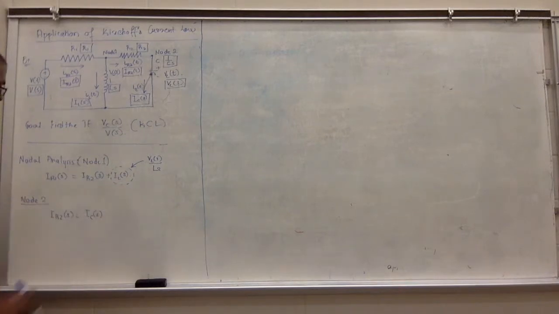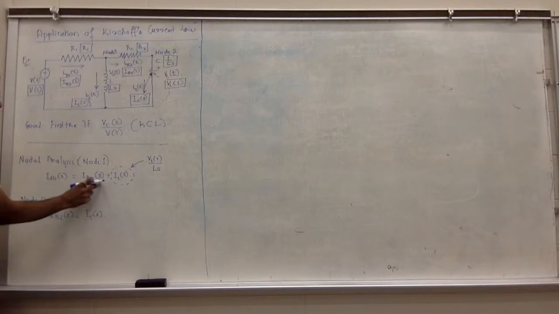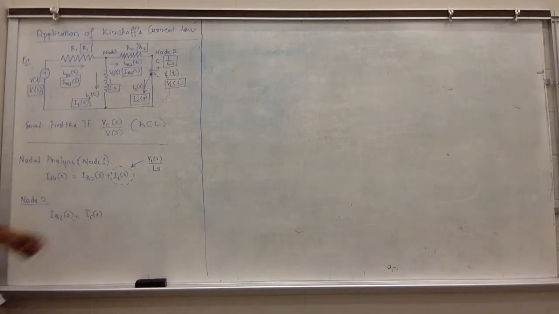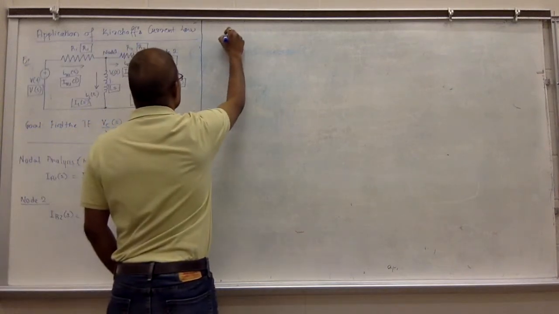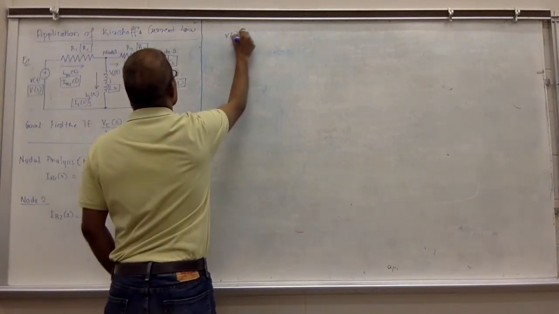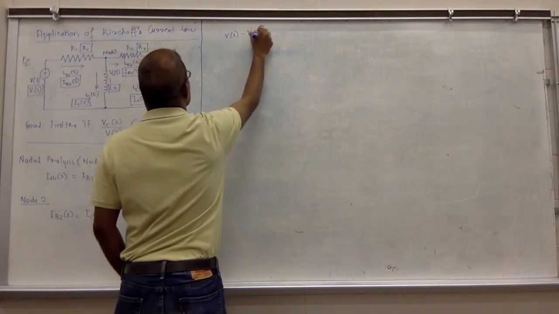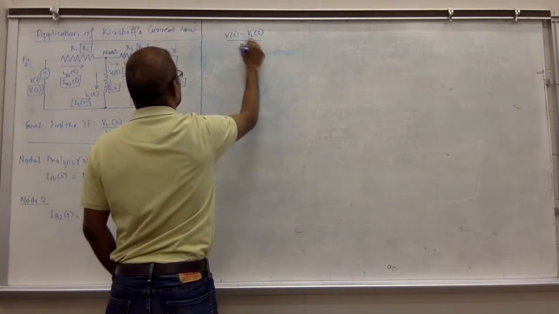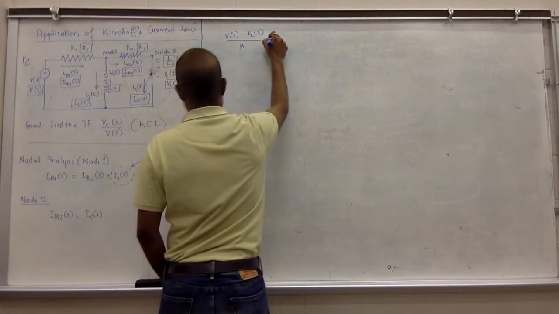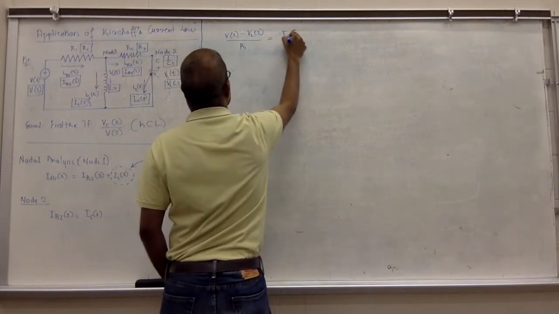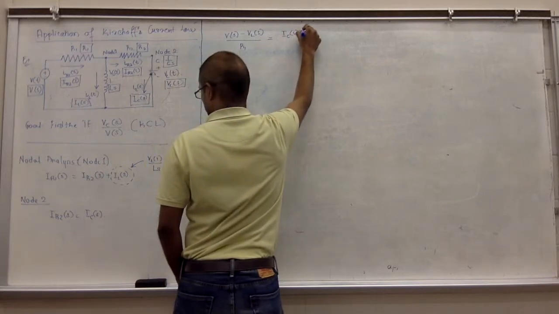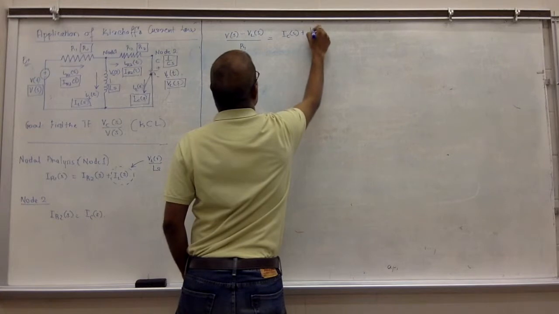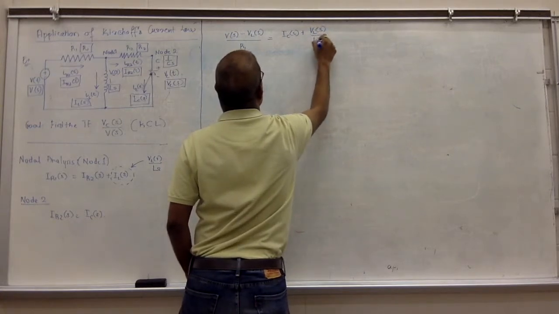So here we don't have to do that for this particular one, so I can write this as V of S minus VL of S divided by R1 is equal to IC of S plus VL of S divided by Ls.